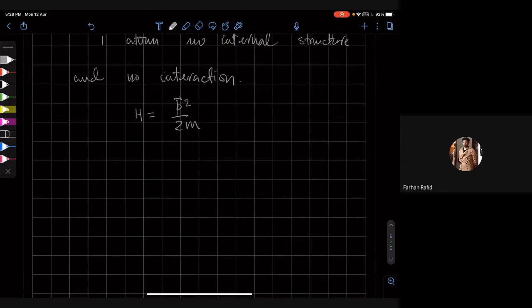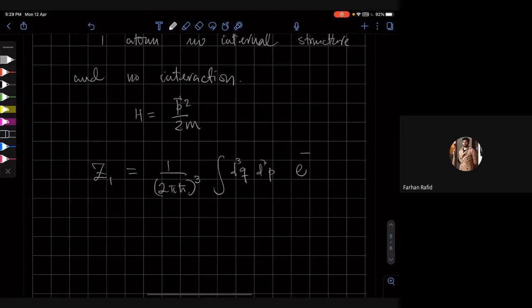So what is the partition function? For one atom of this gas, let's call the partition function Z1. Z1 is going to be 1 over (2 pi h bar) cubed, and then there's an integral over d^3q d^3p, and then we have e to the power minus beta p squared by 2m.